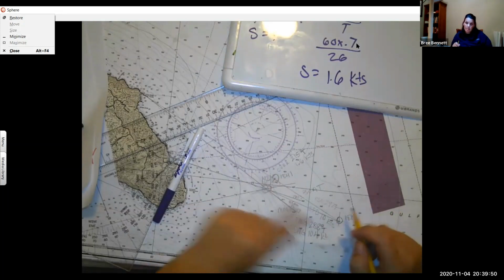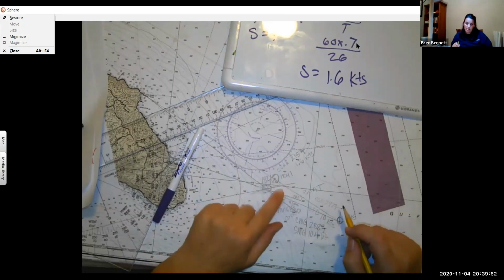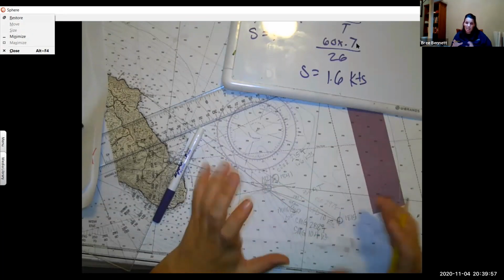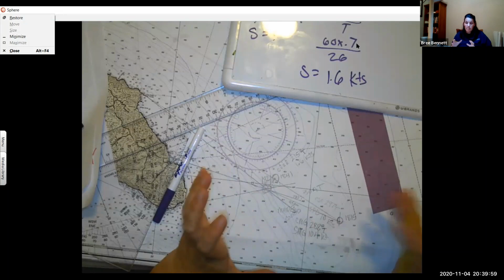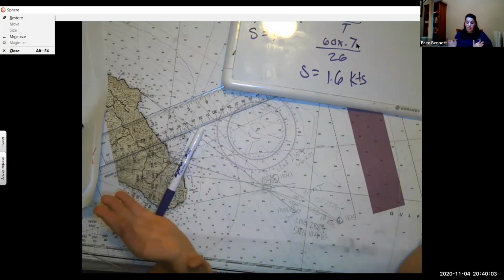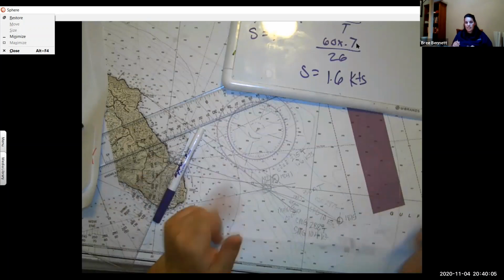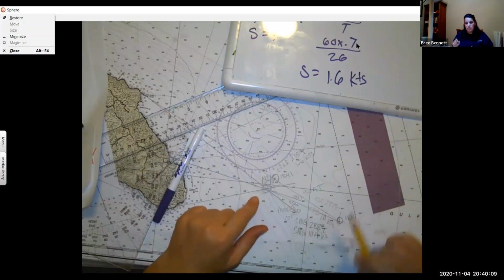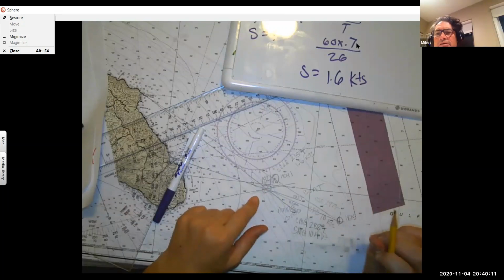So what are your guys' big questions on creating that vector triangle? When we're doing that on the chart, it's not on the hour, so it's not that convenient, distance is equal to speed. We always have to 60 street it back to our speed. I did it on the hour.